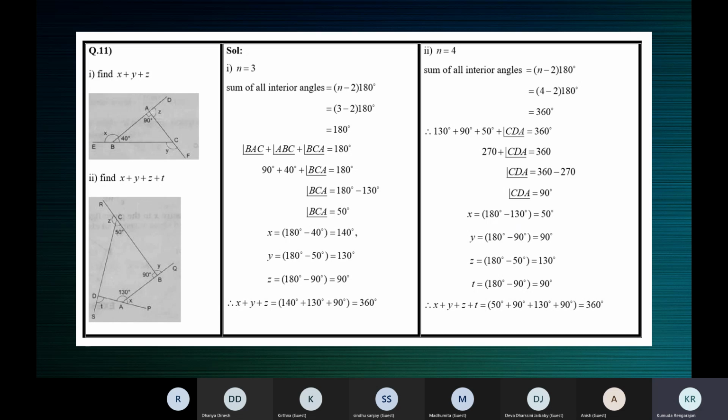Yes, children, please understand each one of the answers. Work it now.